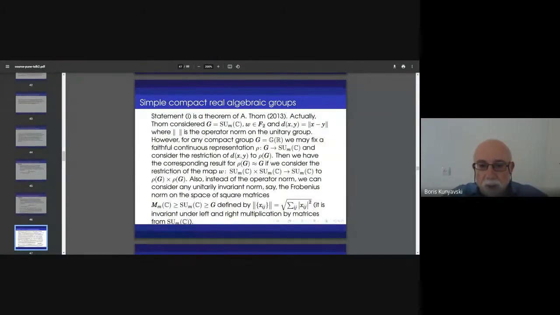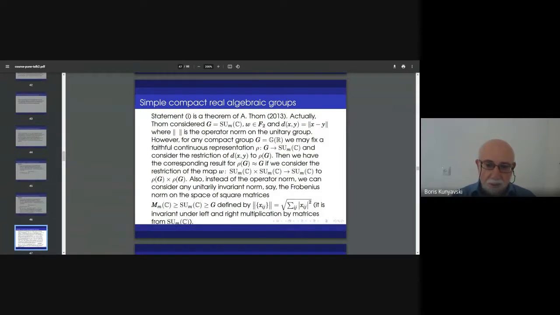So first of all, as I told you, the first statement is a theorem of Andreas Thom. In fact, he considers a somewhat more special case, which is not far from the general one: a unitary group, a word in letters, and the metric induced by the operator norm on the unitary group.